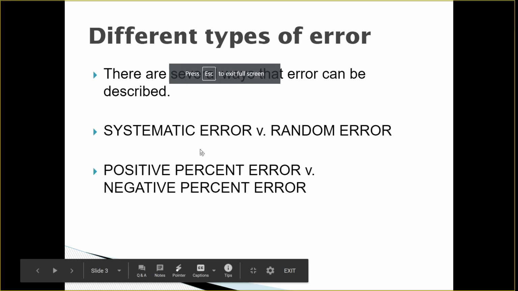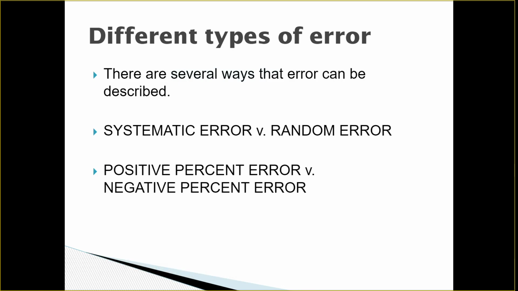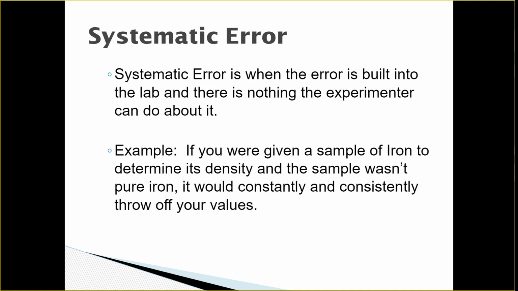We're going to move on to the next step, which is talking about the two different kinds of error, and whether it's a positive or negative error. The first error we're going to talk about is systematic error. Systematic error is an error that is built into the lab and there is nothing that the experimenter can do about it.